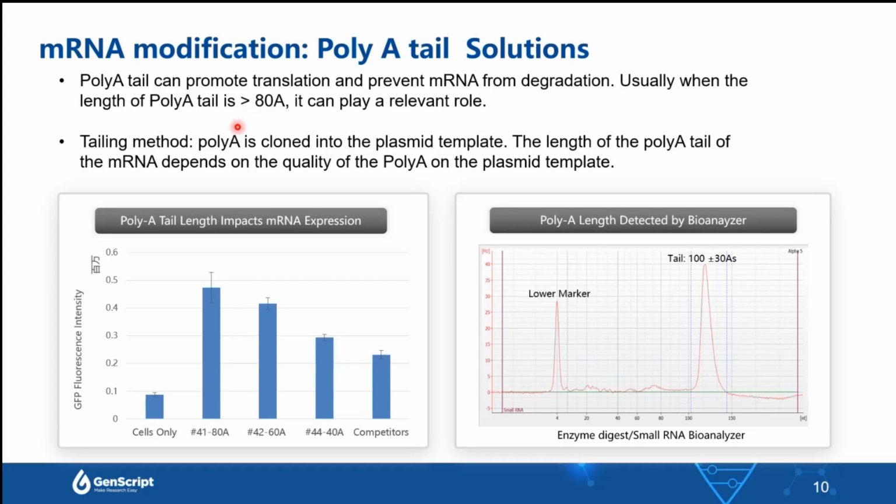And I just mentioned our way of tailing is to use a plasmid. We put the poly-A tail cloned in the plasmid template. Here it shows the different lengths of the poly-A tail and how the length impacts mRNA expression.